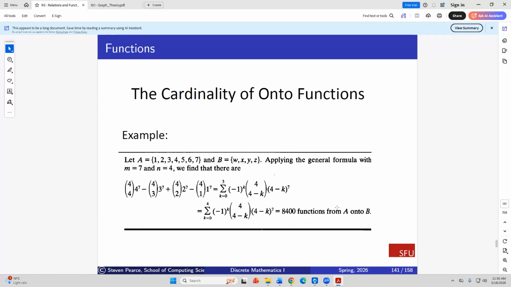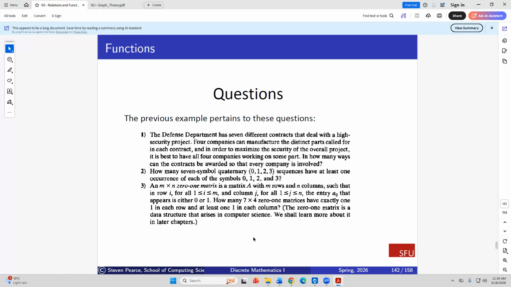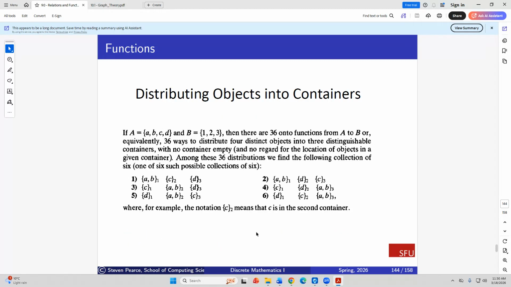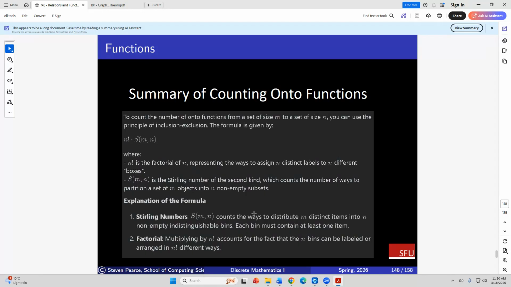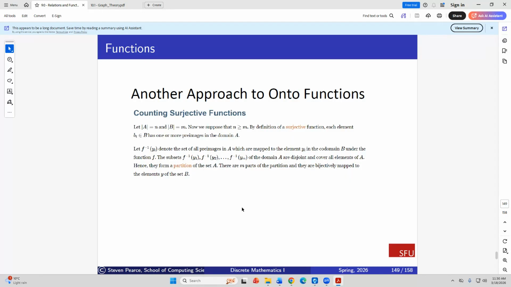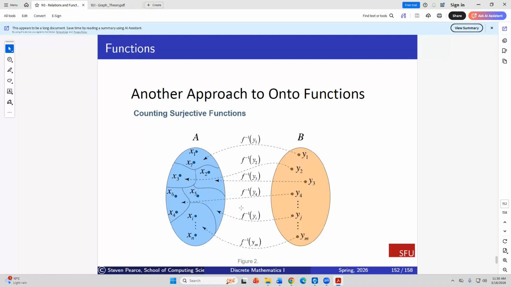And so we showed here, by plugging in the numbers, what the cardinality is. And then there are these questions. Never mind these questions. And so here's the summary of surjective functions. This is another way of counting onto functions by partition theory. Well, we haven't really studied that.